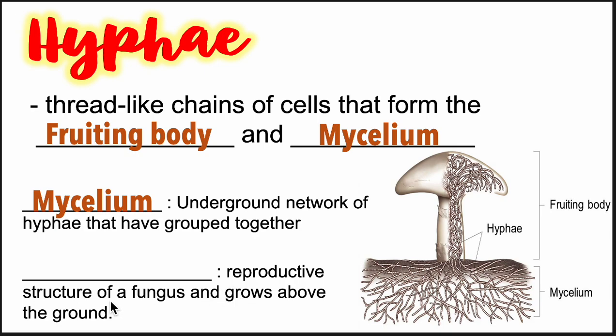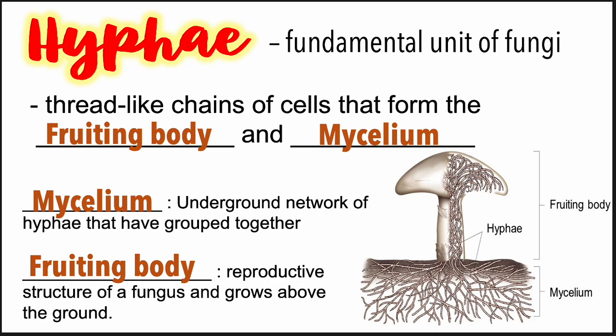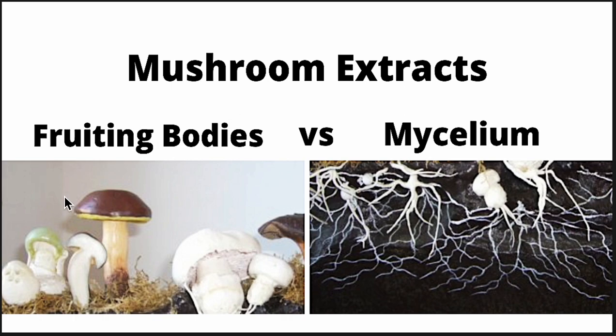Next one, the reproductive structure of a fungus that grows above the ground. What is it? Of course, the fruiting body. And we have here the hyphae, which is the fundamental unit of fungi. Next, we have here the structure of the fruiting bodies, and then again, the mycelium.